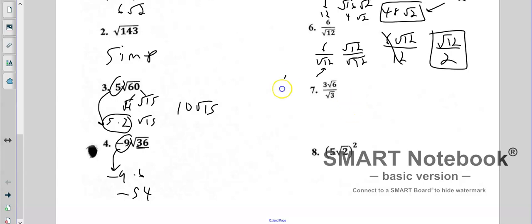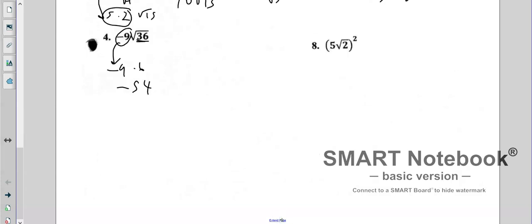Because just like 6 divided by 3 equals 2, remember the magic trick. Radical 6 divided by radical 3 is radical 2. This simplifies. That divides into radical 6. So we just end up with 3 radical 2. Once again, you could have done it the other way. It just would have been more work.